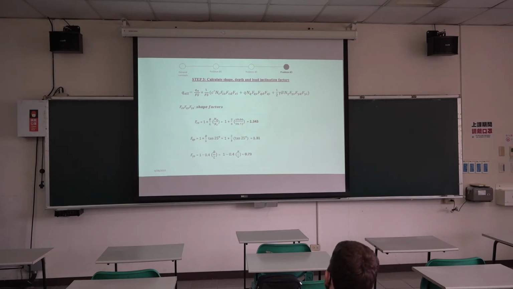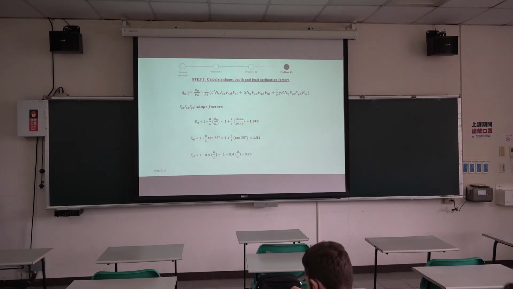Okay, so these factors, we start with the shape factors, and as I highlighted earlier, it's just a case of knowing the formula and just replacing the values. So B over L, we know that B is equal to 2, L is equal to 3 from our problem. NQ, NC, 10.66, 20.72. So we get this value.